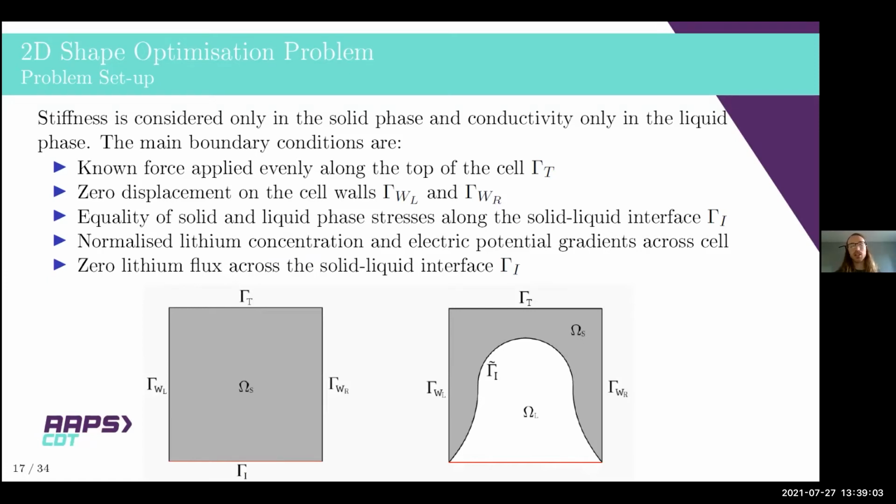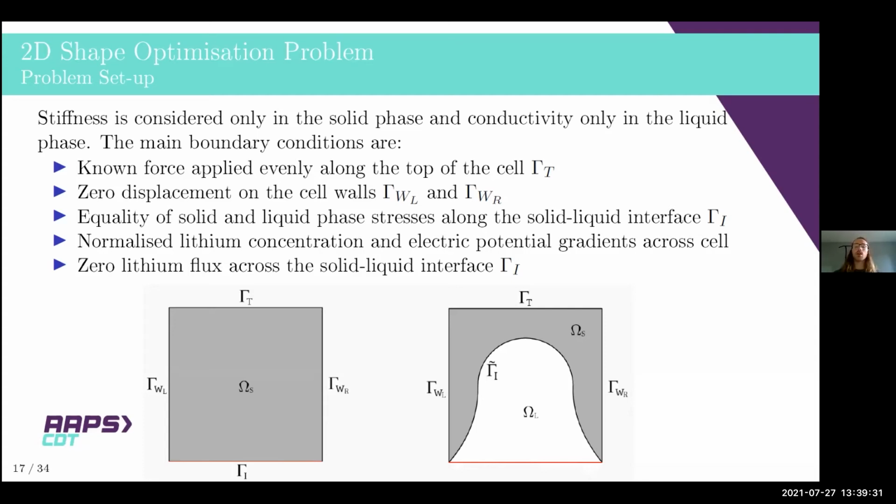Along the solid liquid interface, we assume that we have the equality of the liquid phase and solid phase stresses, which is also the same as having equality of the liquid phase and solid phase displacements. We assume that the lithium stays within the liquid phase and doesn't diffuse into the solid phase. So at the solid liquid interface, we also have zero lithium flux. And then finally, we have normalized lithium concentration and electric potential gradients across the cell.